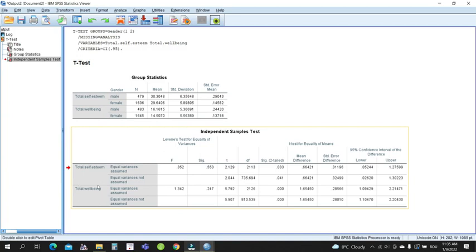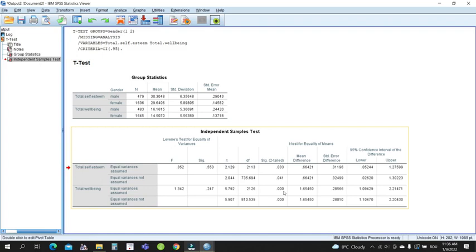Now, let's interpret the results for well-being. First, the Levene test indicates that we can assume equal variances because its significance level is higher than 0.05 and the corresponding t-test has a value of 5.79 and a significance level or p-value of 0.00, which indicates that the difference in well-being is also statistically significant, the p-value being smaller than 0.05.